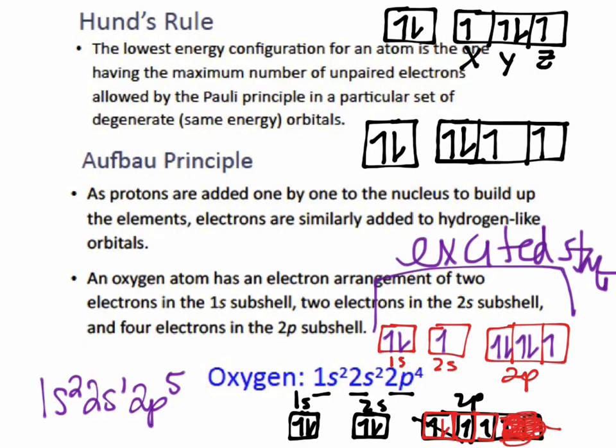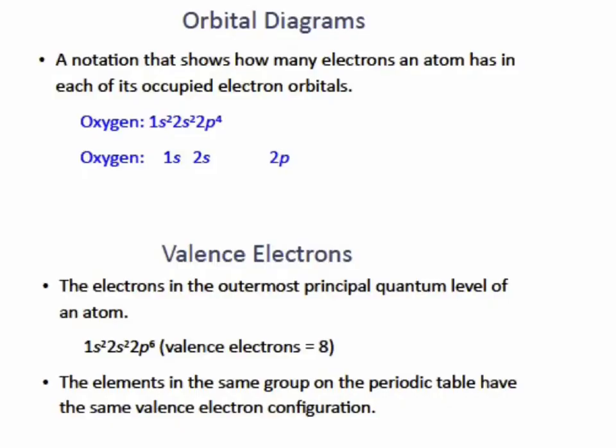So now we're going to take a look at orbital diagrams. An orbital diagram shows our arrows and how we are occupying our orbitals. So if I have, say, oxygen here, then we're going to show how those electrons occupy this in a ground state.